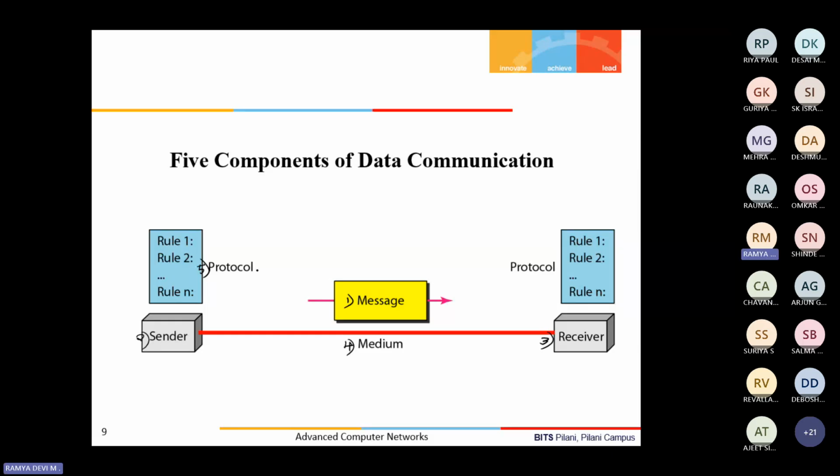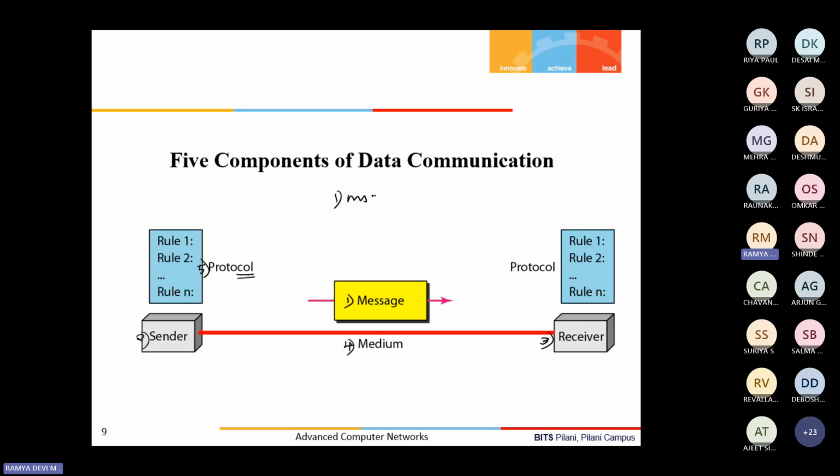Those set of rules are called a protocol. So it ensures sender and receiver understand the format. Whatever data is being exchanged, successful communication is happening between the sender and receiver with the help of this protocol.